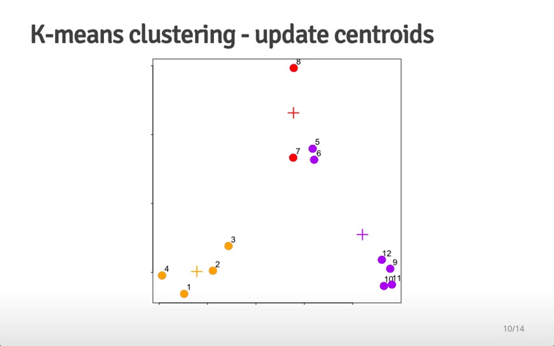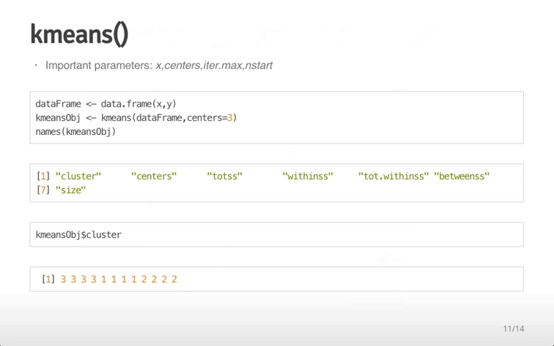You then iterate this procedure by updating the centroids again, and now you can see that this purple centroid is getting very close to this cluster over here, this red centroid is getting close to this cluster over here, and this orange centroid is getting close to this cluster over here. If I then reassign the points, all of the red points will appear in this cluster, all of the orange points in this cluster, and all of the purple points in this cluster, and I'll have clustered the data according to k-means clustering.